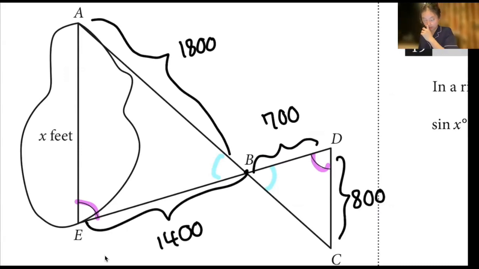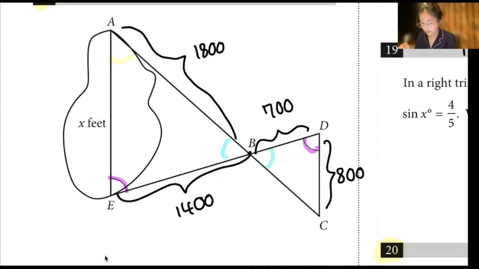It's 180 degrees, right? And since we know two angles of the triangle, we automatically know the last angle. So therefore, if these two are the same in both triangles, we know that angle EAB, or angle A, and angle DCB, or BCD, is the same. So they are similar triangles, not congruent, but they're similar.